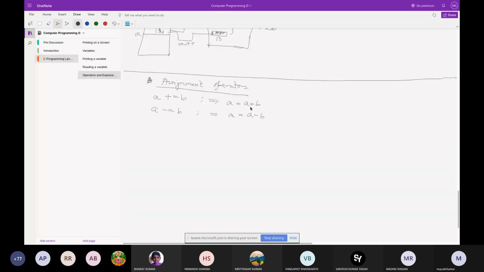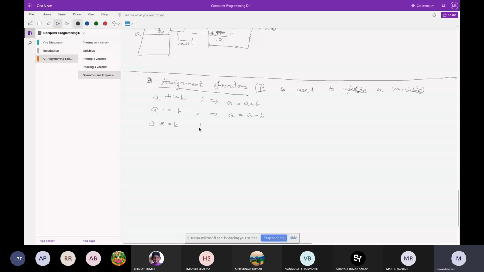It is used to update a variable, and you are getting a new value of it. Similarly, A multiply equals B will give you A is equal to A into B. A divided by B, you can expect the same expression.